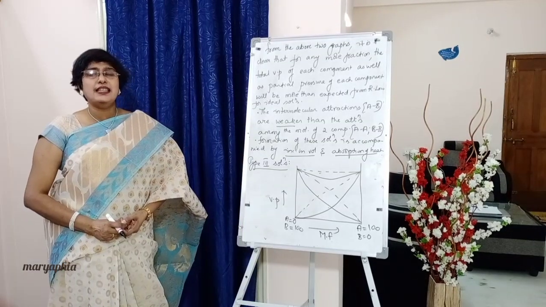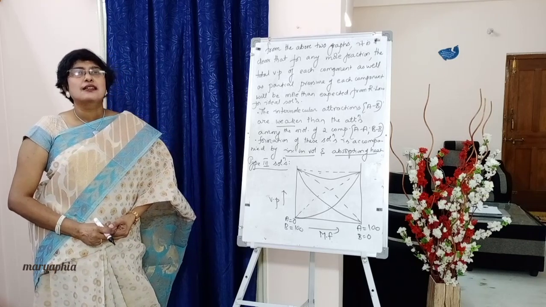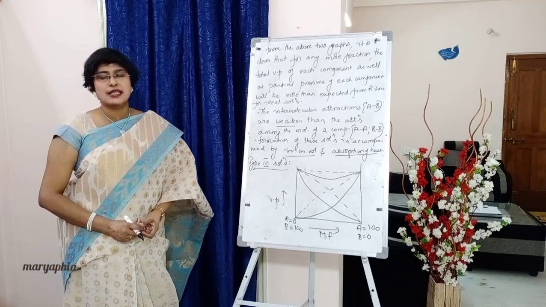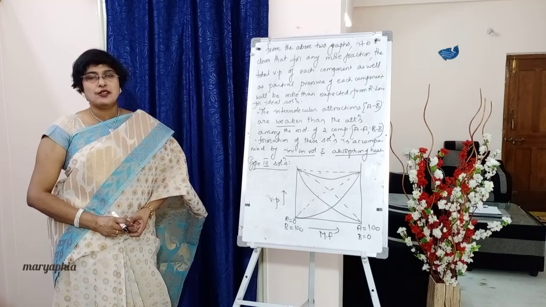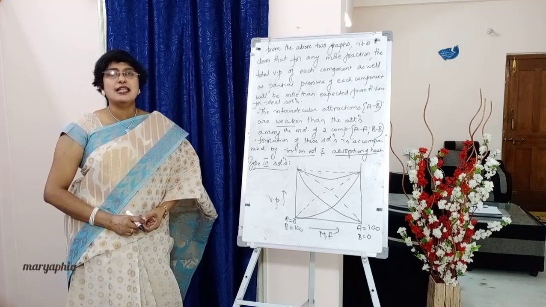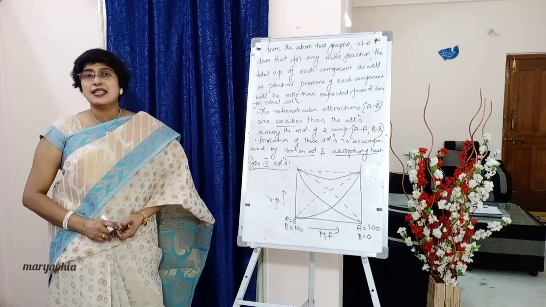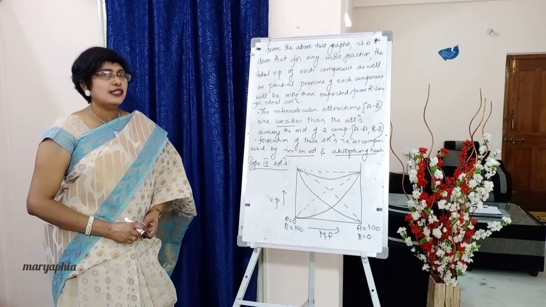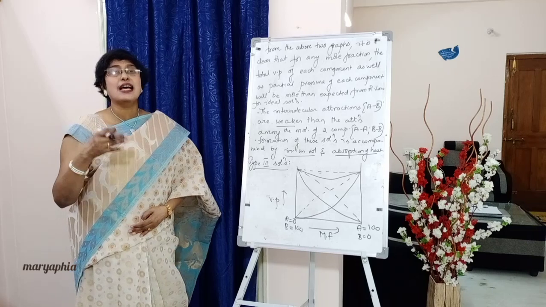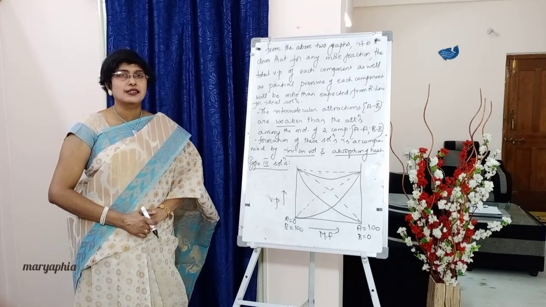Now, we need to write the conclusion from the two graphs, students, for type 1 and type 2 solutions. What have we understood from the graphs, or what are the two graphs inferring? Write it down as the conclusion.